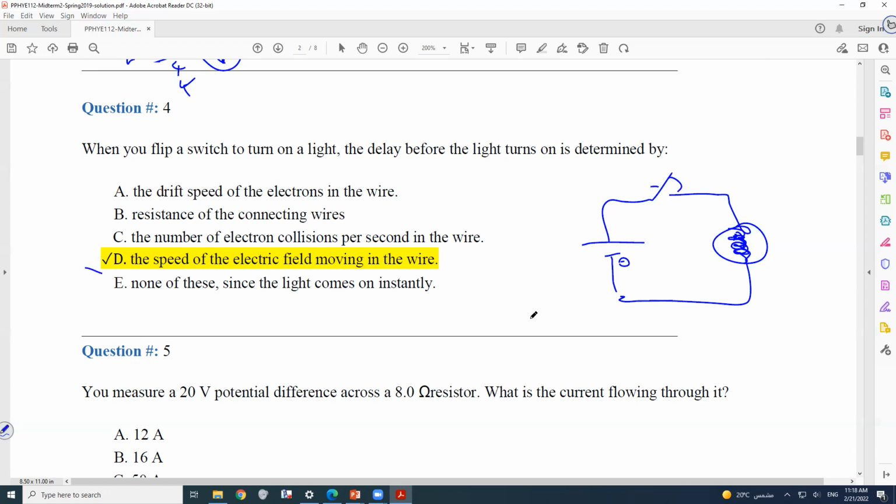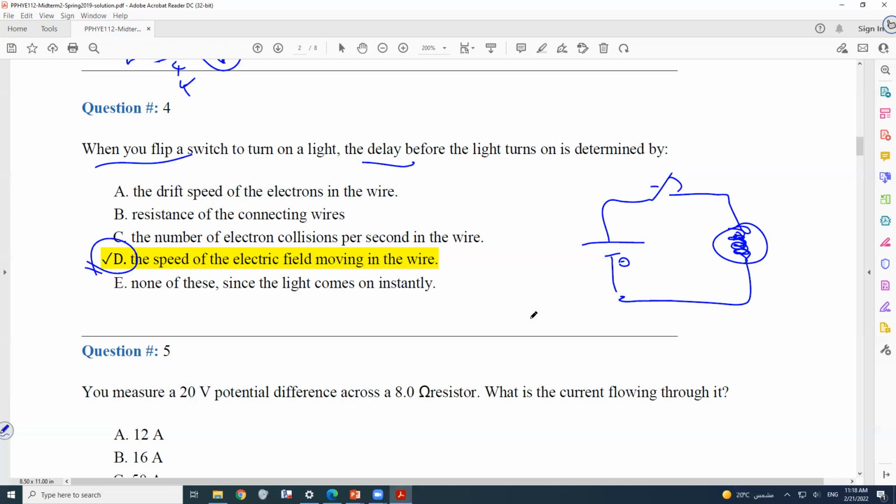So the answer to this is, therefore, there is a delay, but the delay is very, very, very small. Why? Because the electric field travels at the speed of light. So that's why the light comes on almost immediately. So this is the answer.